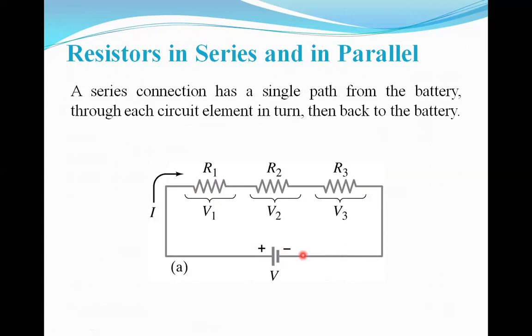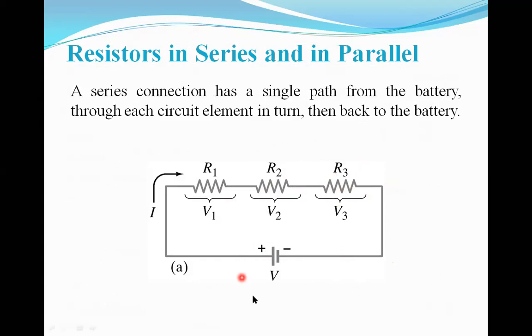It means the polarity of the source EMF is connected to one terminal of a resistance, the other terminal is connected to one terminal of the next resistance, and so on. Then the terminal of the last resistance will close the circuit. So this is how the connections are given when the resistors are in series.